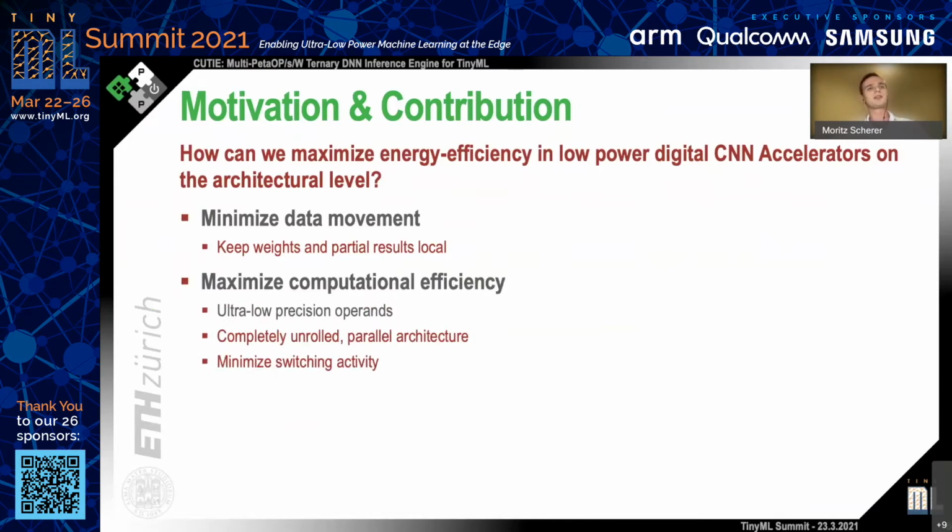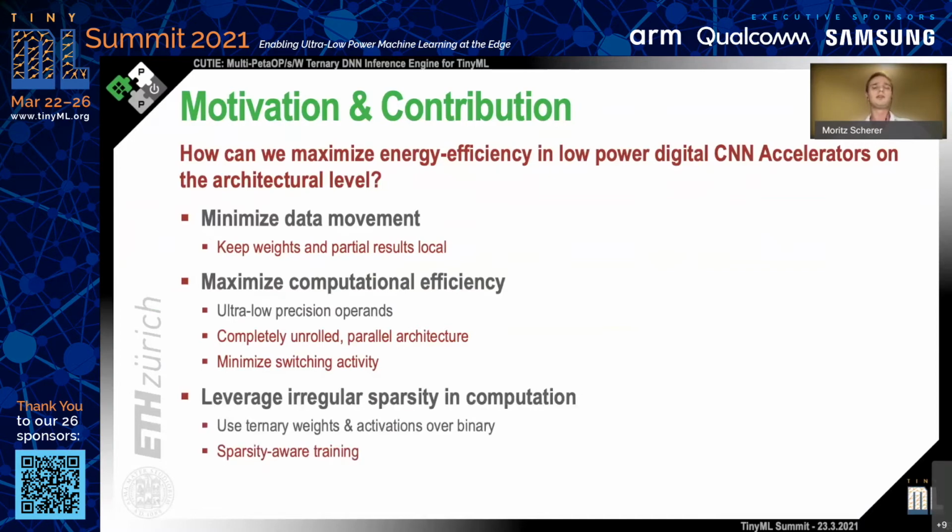We try to maximize computational efficiency by using ultra-low precision operands and a completely unrolled and parallel architecture, hence the name CUTIE. And we aim to minimize switching activity, also by leveraging the irregular sparsity that we get from sparsity-aware training, and by introducing sparsity by using ternary weights and activations instead of binary ones.